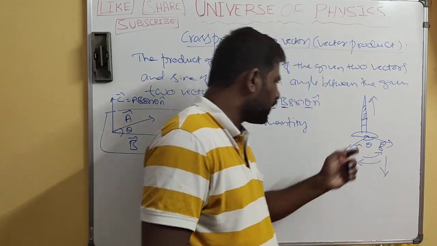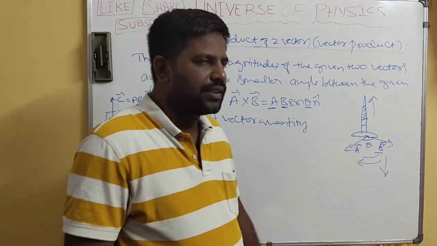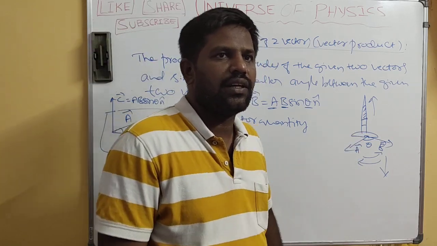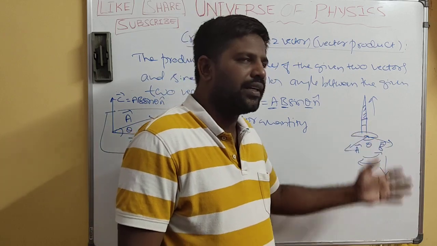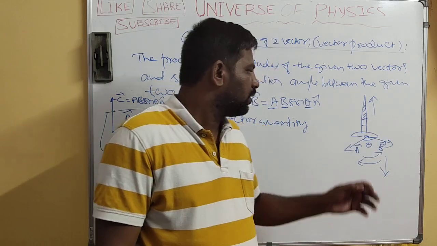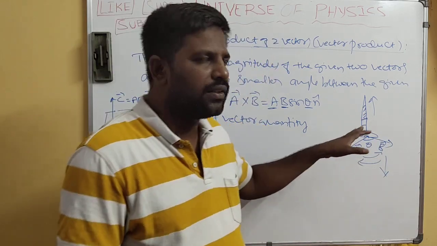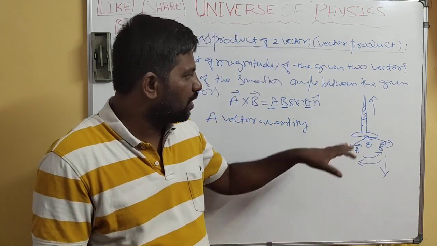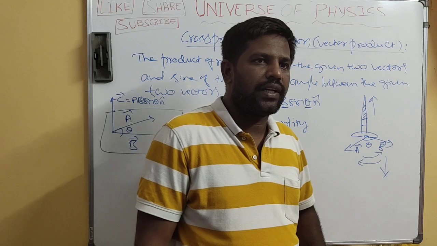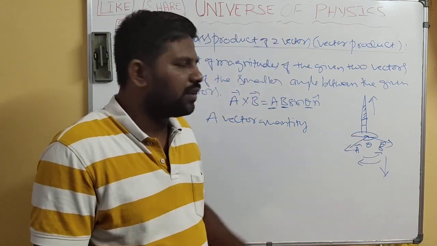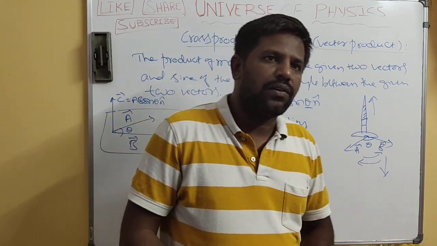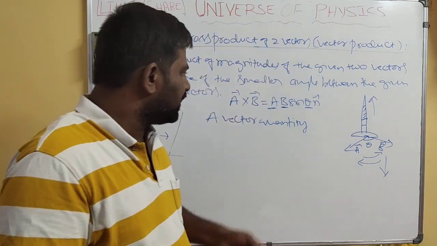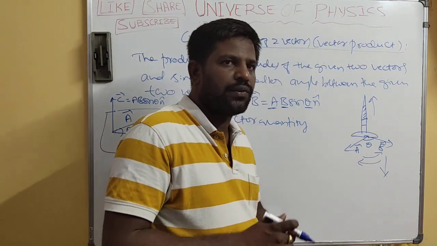It means in both the cases the direction of the new vector is always perpendicular to the plane containing the given two vectors, whether it is in upward direction or in downward direction. This is about cross product of two vectors.